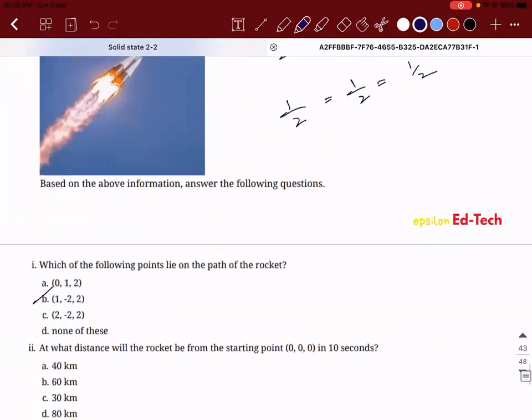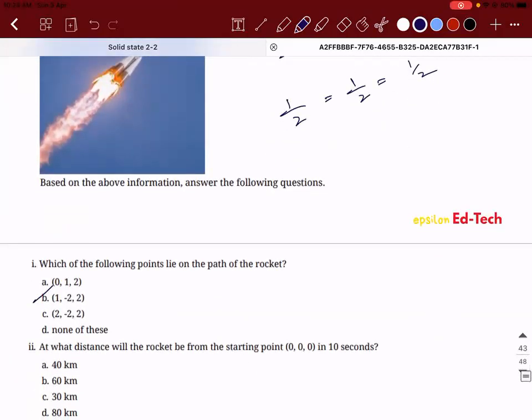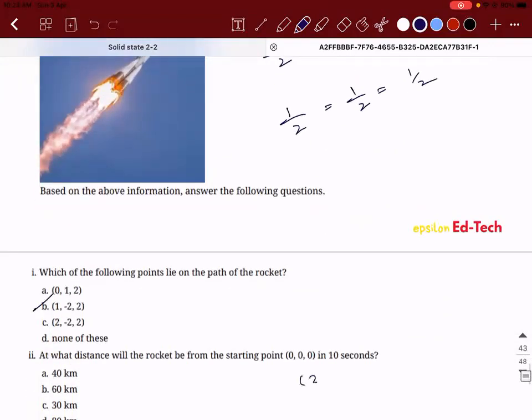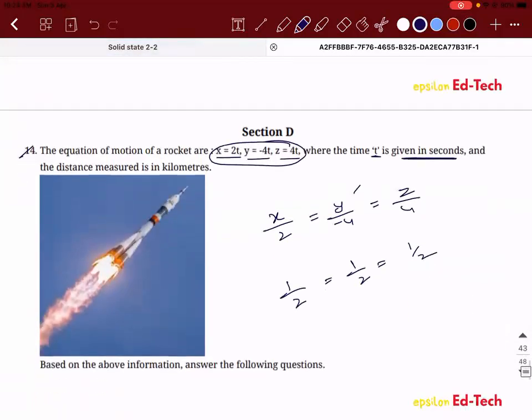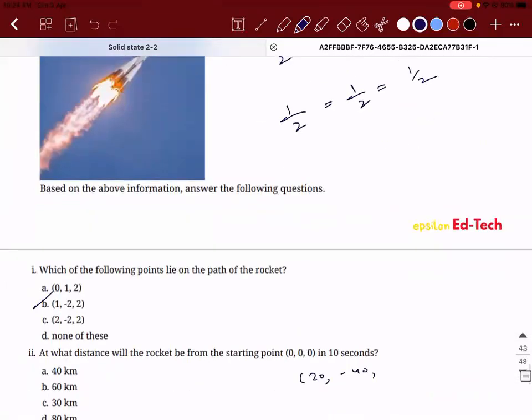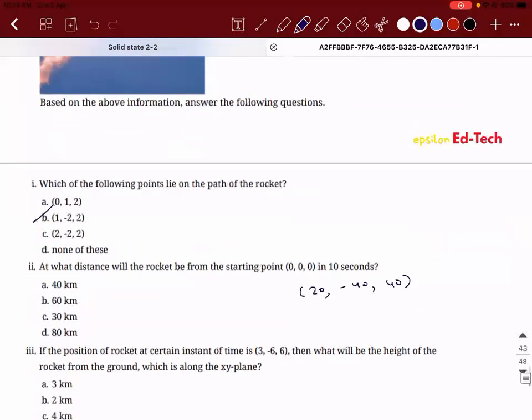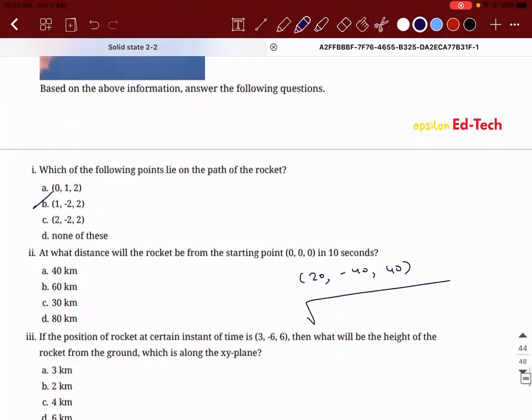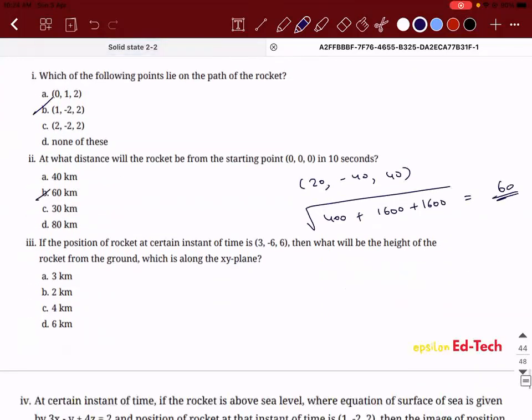So what will be the x, y, and z coordinates? x will be 20, y will be -40, and z will be 40. So what is the distance between 2 points? Root of (x2 minus x1) the whole square, that is 400 plus 1600 plus 1600, that is 3200 plus 400, that is 3600. The answer will be 60. So 60 kilometers is the answer.